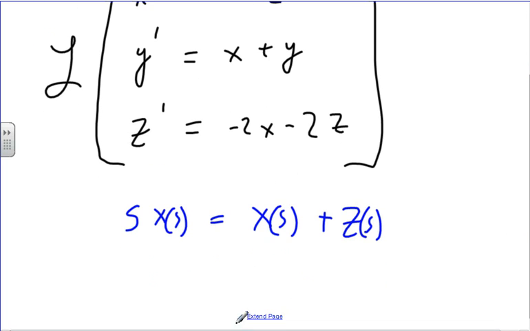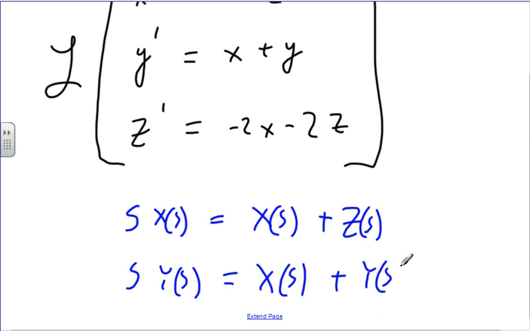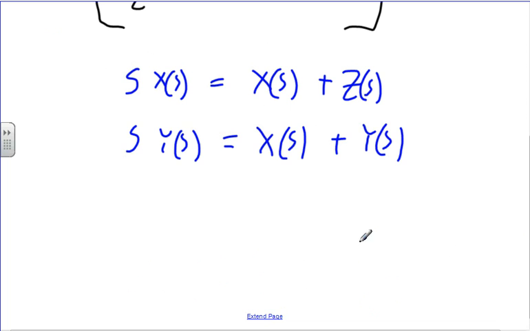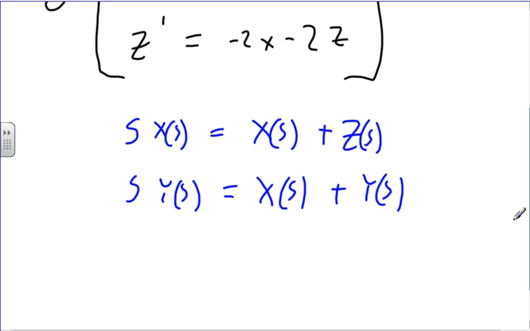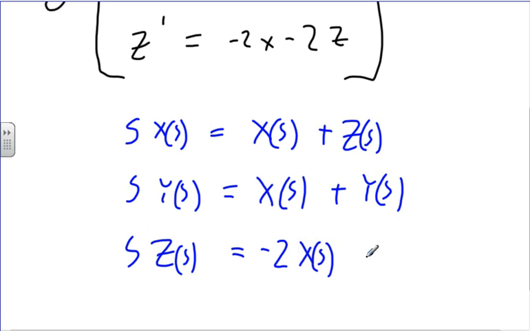And s y of s is equal to x of s plus y of s. And s z of s is equal to minus 2 x of s minus 2 z of s.